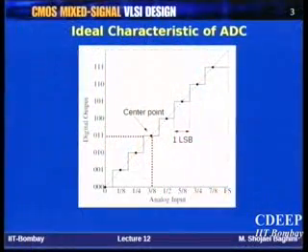So, this is just a brief review of the last lecture. This is an ideal characteristic of an ADC. The example here is for 3 bits, and full scale is here, normalized to full scale magnitude.